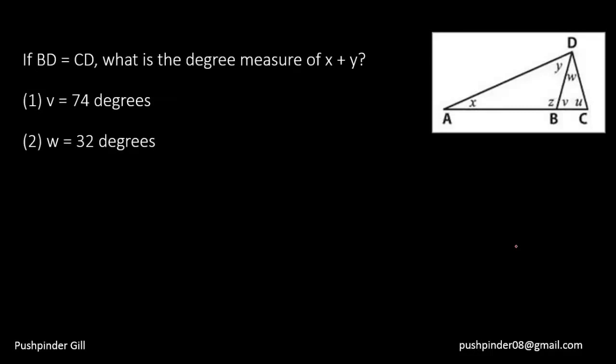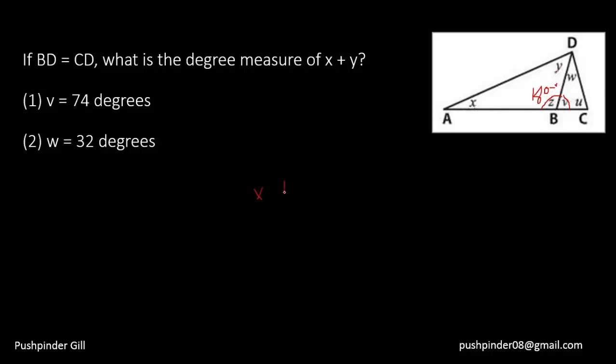Now, if BD is equal to CD, what is the value of x plus y? I just need to know the value of x plus y. Now, if this is v, this is going to be 180 minus v, isn't it? Because the sum of angles in a straight line is always 180 degrees.